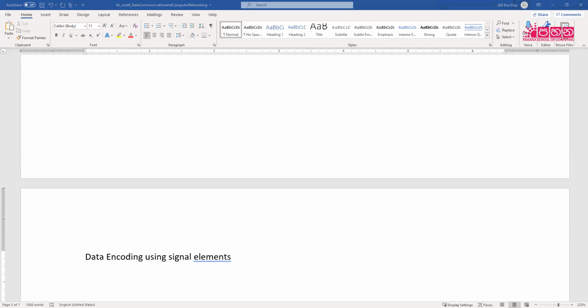Then frequency modulation, the frequencies are used for the modulation. Then we are using phase modulation, the change of phases. You remember we talked about the phases there, right? So we will use different phases for this.